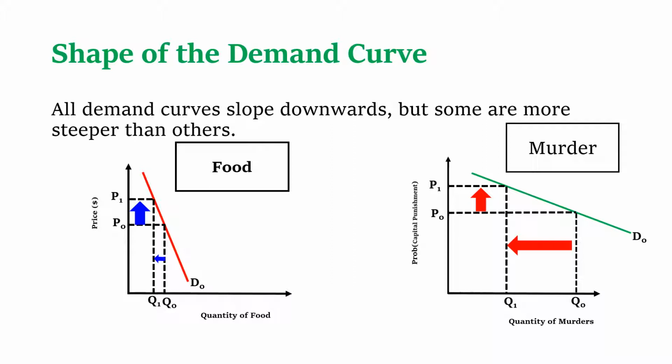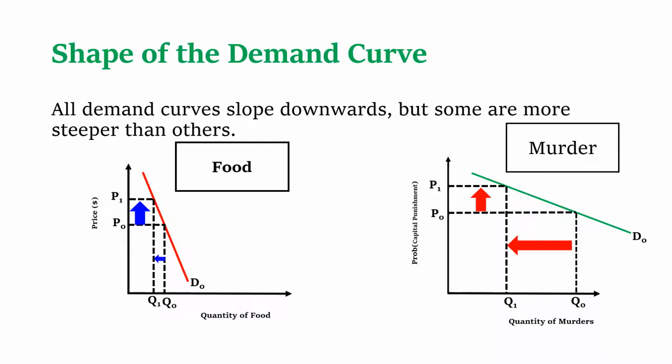It is steeper because regardless of whether the price increases, you're going to continue to buy. You're not going to reduce your consumption that much. So it is very insensitive to price changes. Okay. So that is why you see that curve is steep.